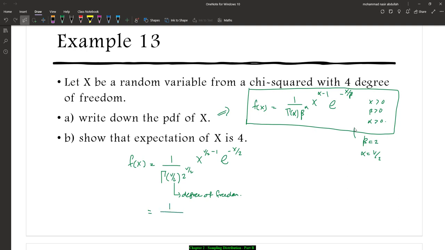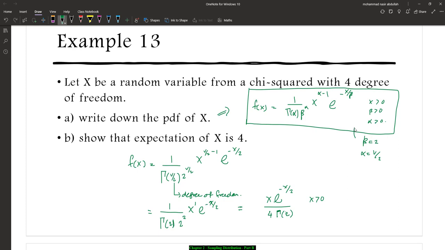So the final one should be 1 over gamma 2 with 2 power of 2, x power of 2 minus 1 is equal to 1, exponential negative x over 2. So should be equal to x exponential negative x over 2 divided by 4 gamma 2. So this is the PDF where x is more than 0.